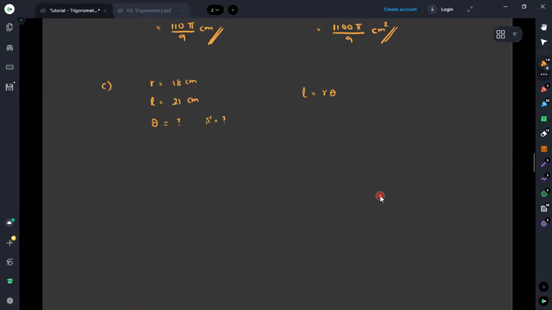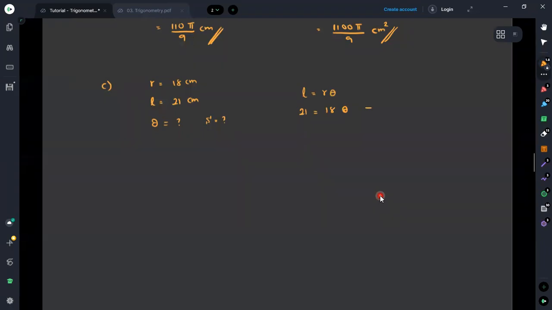Please keep in mind that using this equation we get the angle in radian measure. If you need to convert it into degrees, use the appropriate conversion technique. Here the value of L is 21 and the value of r is 18, and the value of theta is needed.